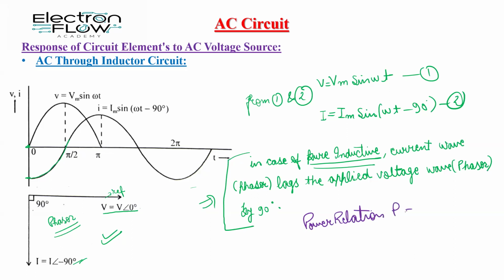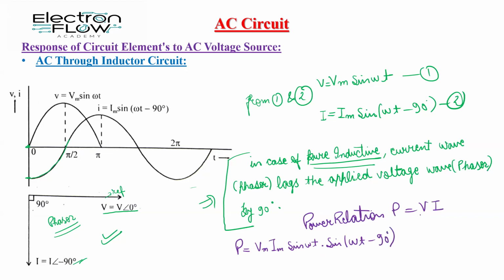Okay, we know that P is equal to V times I. So power is given by Vm Im sin omega t multiplied by sin(omega t minus 90 degrees).